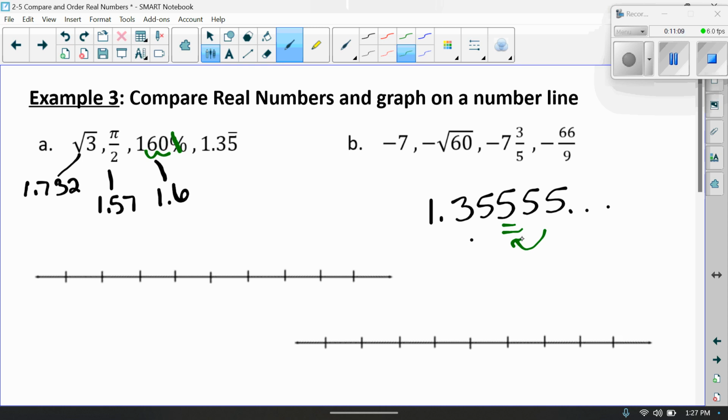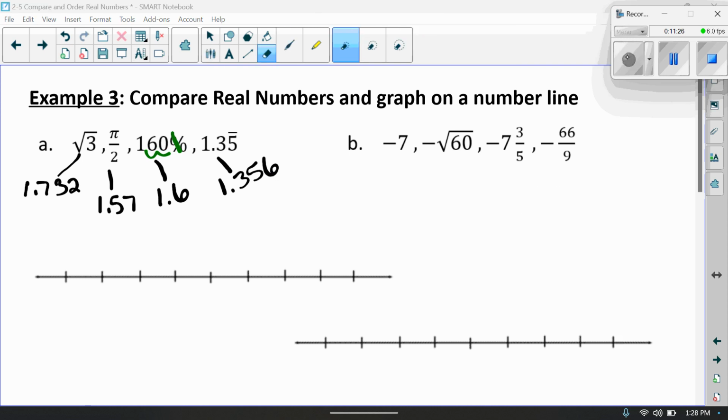We want to go out to the thousands place. So that tells me that's going to be 1.356. Still bear with me? So this is 1.356. So we're just rounding it.